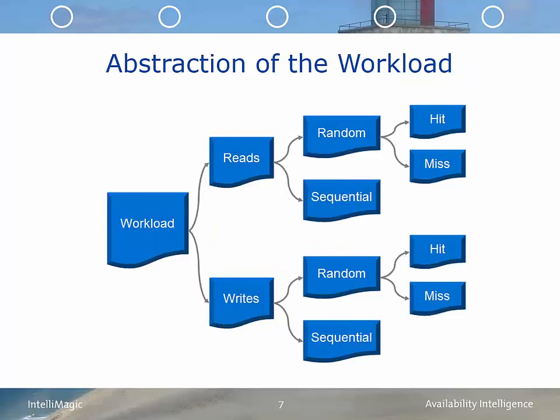An I/O workload consists of the following categories: reads, which can be broken down into random reads or sequential reads, random read hits or random read misses. On the other side, we have writes, which can be random or sequential, and the random writes can be random hit, meaning the record that's being updated is already in cache, or a random miss, which means the record or the track that's being updated is not in cache.